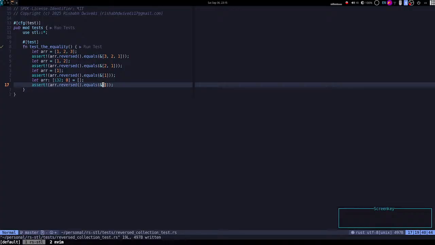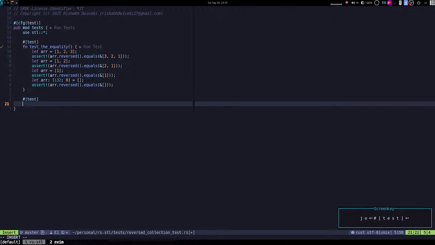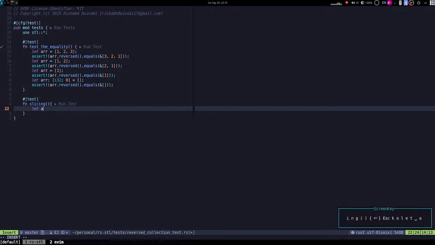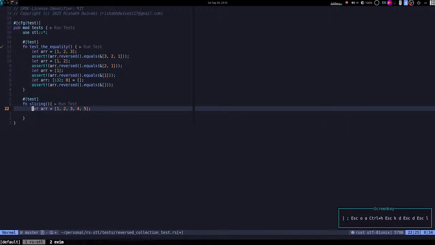I think I should check the slicing. Slicing is something I guess is really important. So fn slicing, right? Let ARR is basically 1 2 3 4 5, right?